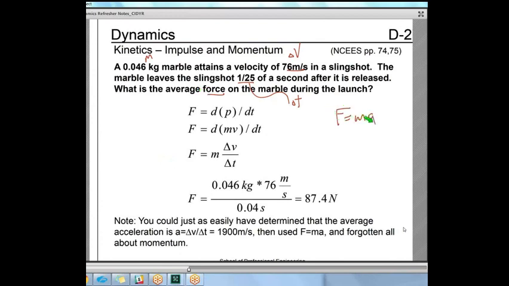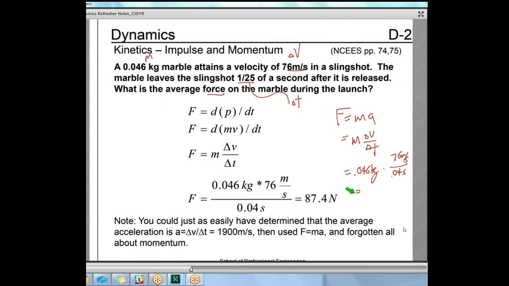Well, if I'm asking you for a force, you ought to be thinking F equals ma. And a is delta v over delta t. So we'll just put 0.046 kilograms times 76 meters per second divided by 1/25, which is 0.04 seconds, and that'll give you the force.